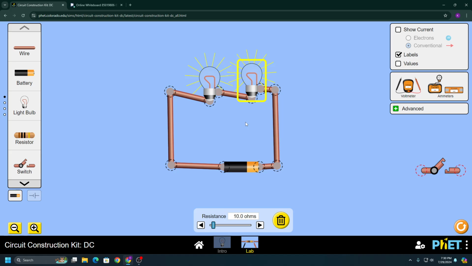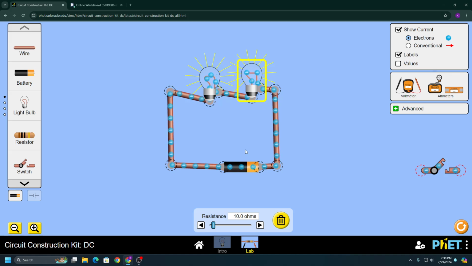But the misconception there is that current gets used up, when in reality it doesn't. If I actually show the current with the electrons moving, the electrons are going to be moving away from the negative terminal and through this whole circuit.